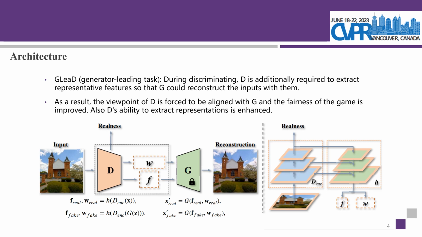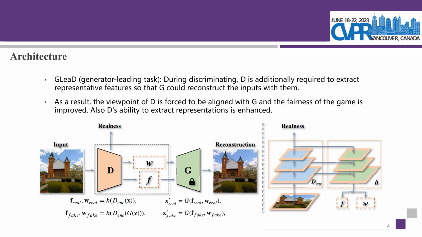These features include spatial features F and global latent codes W. They are sent to the fixed G, the generator, to reconstruct the input images. The perceptual loss is adopted to penalize the difference between the reconstruction and the inputs.